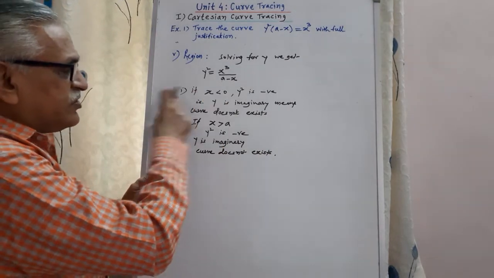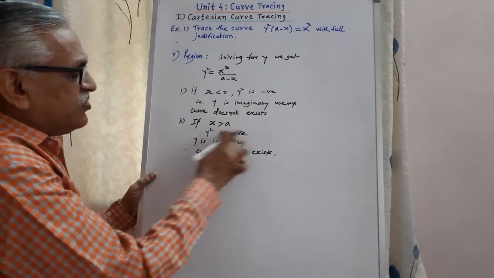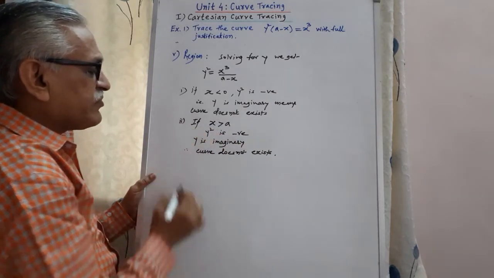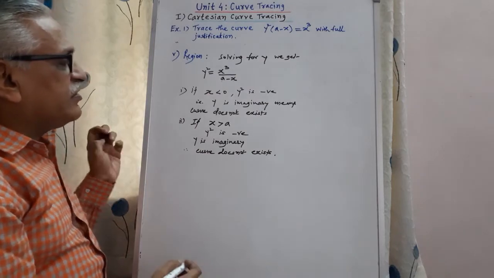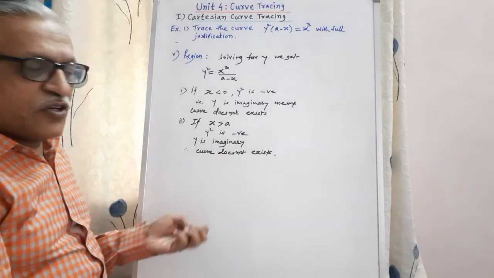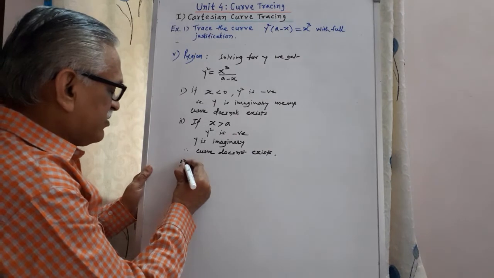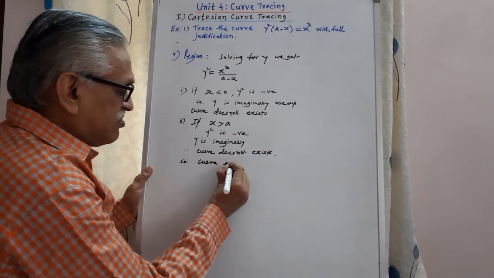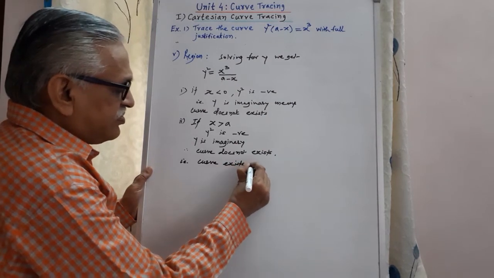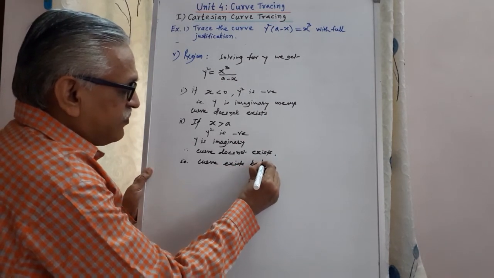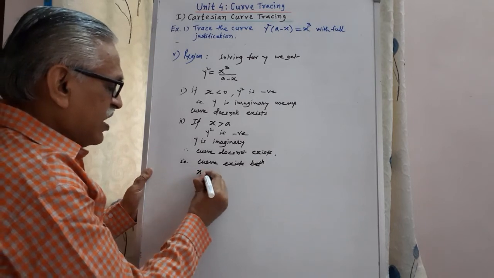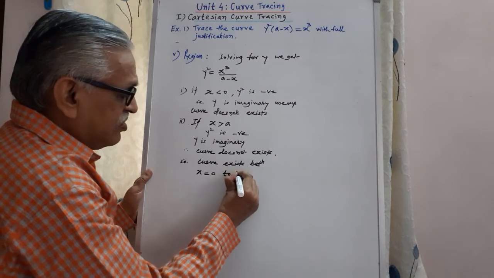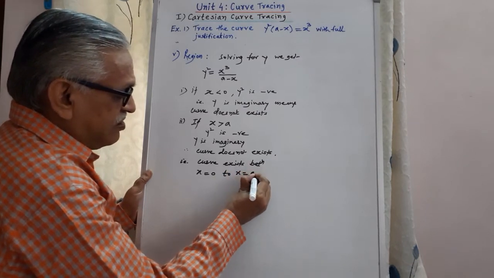Means curve does not exist for negative values of x, curve does not exist for values of x greater than a. Means whatever the curve exists, it is in between x is equals to 0 to x is equals to a. That is, curve exists between two lines x is equals to 0 to x is equals to a.